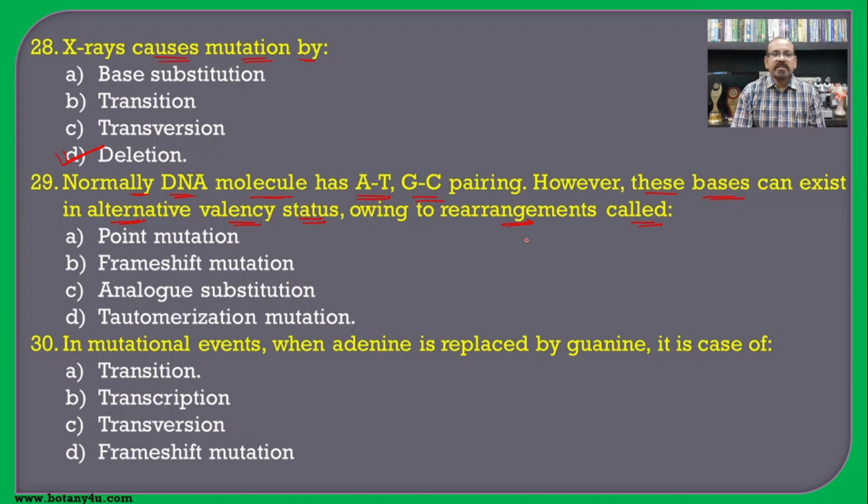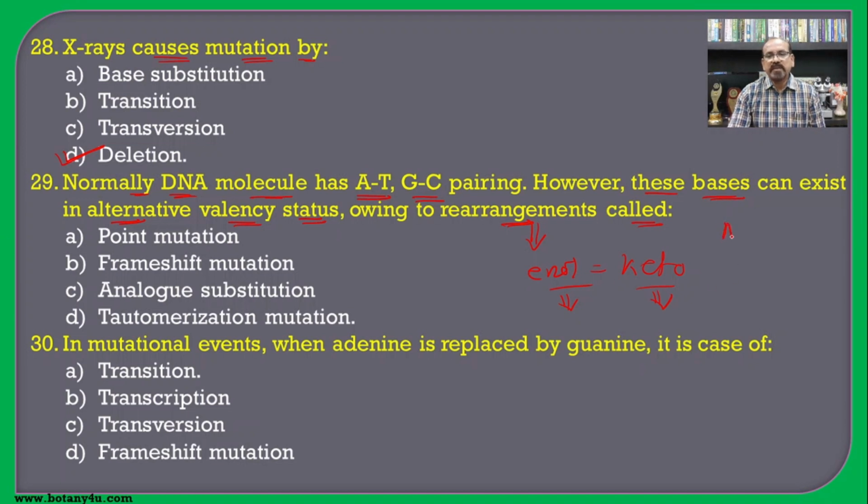So this rearrangement is responsible for the formation of the enol and keto forms of the nitrogen bases, and because of this, the complementary nitrogen base pairing gets changed.